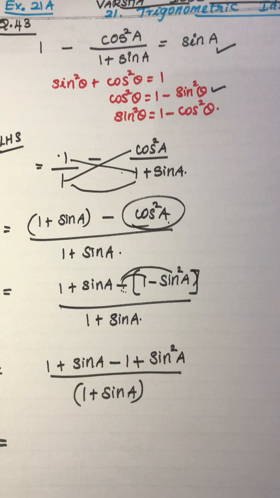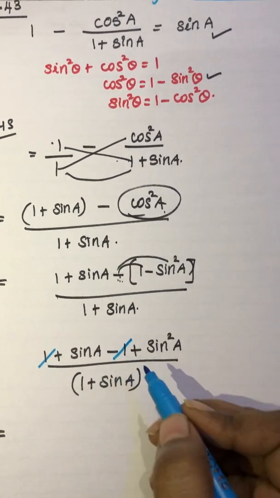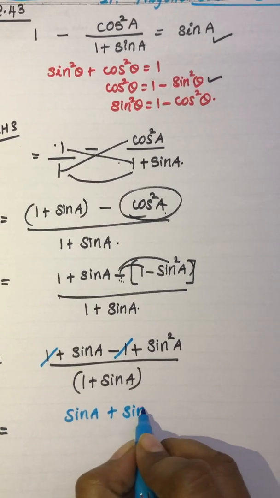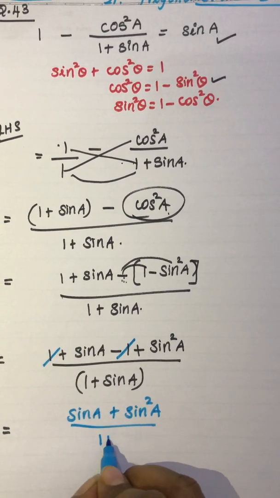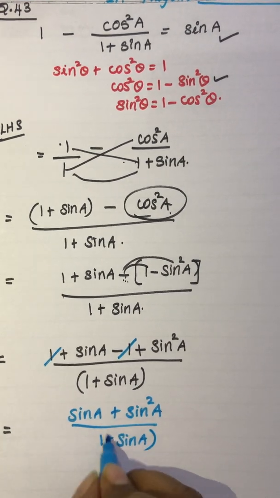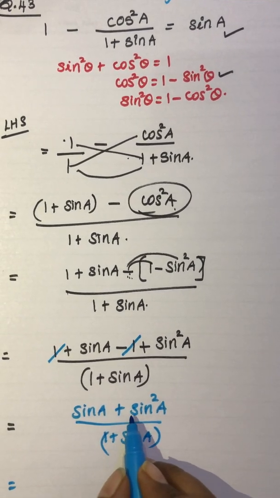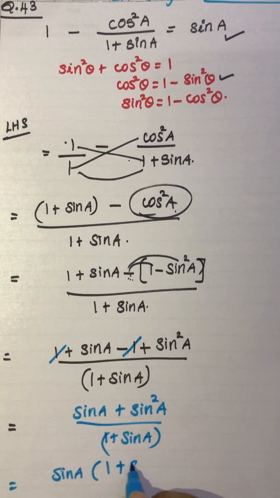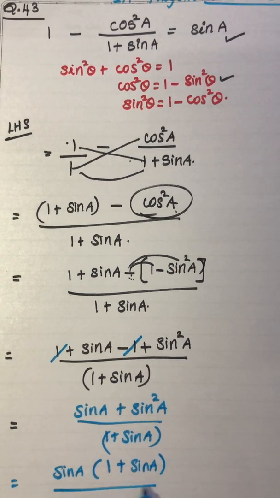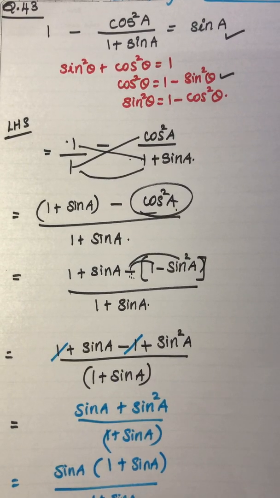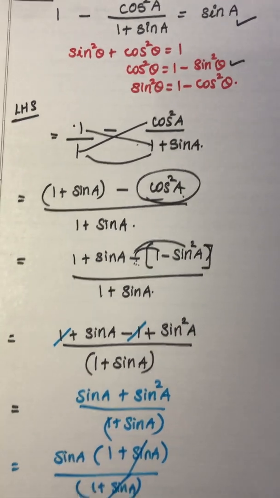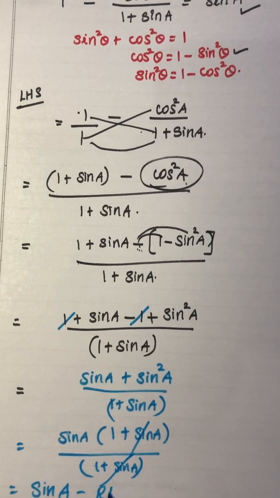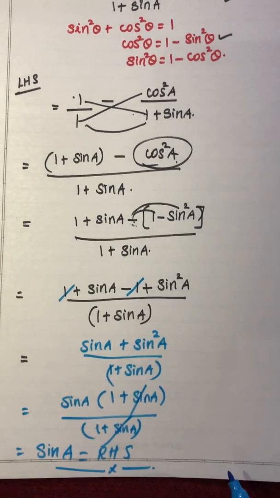Plus 1 and minus 1. So we get (sin A plus sin square A) by (1 plus sin A). In the numerator we can take sin A outside, so this is sin A (1 plus sin A) by (1 plus sin A). We can cancel this term, so we get sin A, our RHS. That's all, we got our answer.